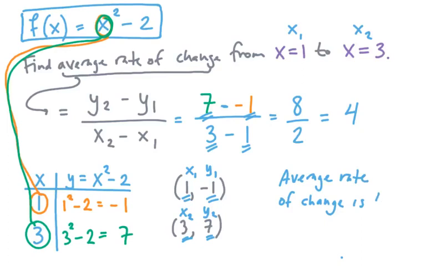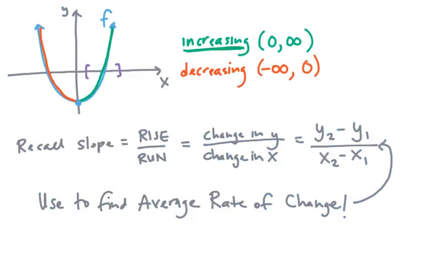And 4 is positive. So let me go back to our graph real quick and get your buy-in on this. If I go back to the graph, again, this was a rough sketch that I showed here. Would it seem logical that between 1 and 3, from my very imperfect sketch, the slope could be +4? Seems like it.